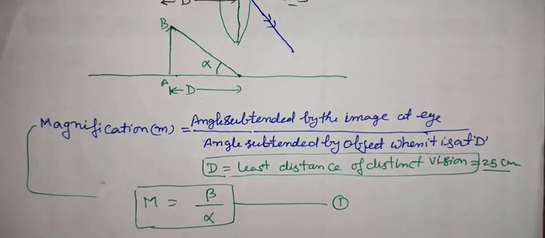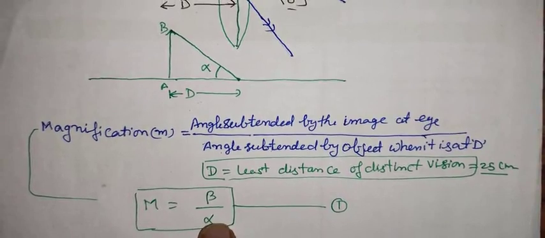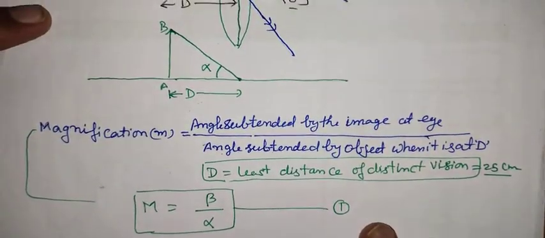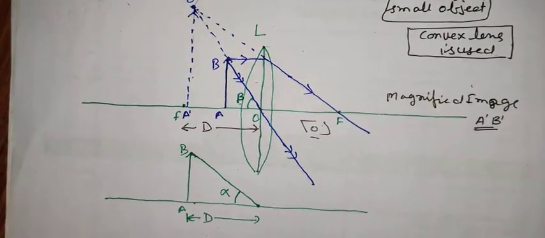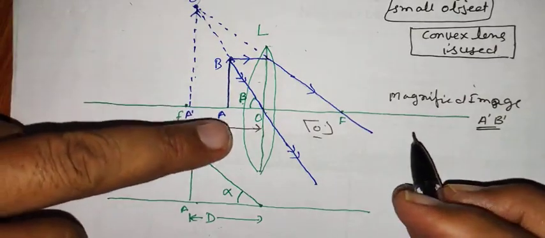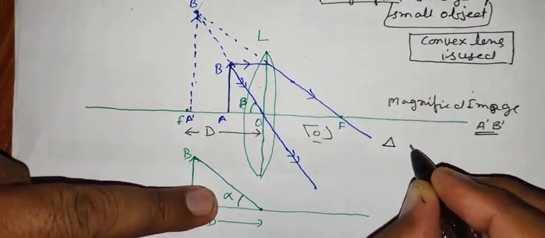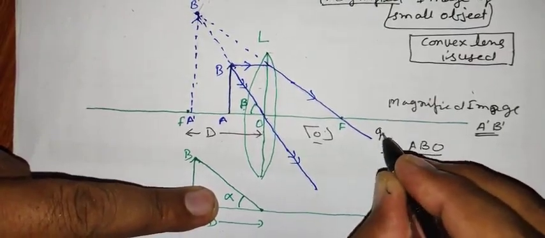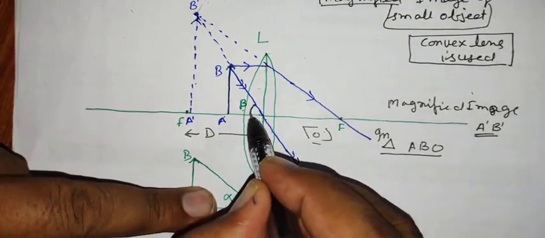Now what will we do? We will obtain the values of beta and alpha and place them in equation 1. So first of all, for beta, let us see the triangle. See carefully, A, B, O. In triangle ABO, this angle is beta.